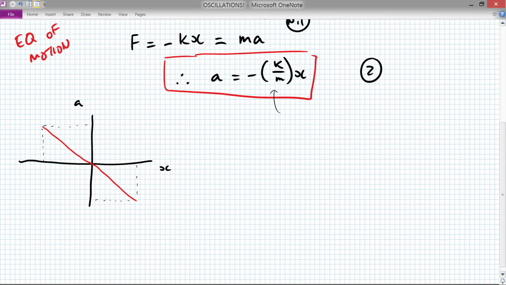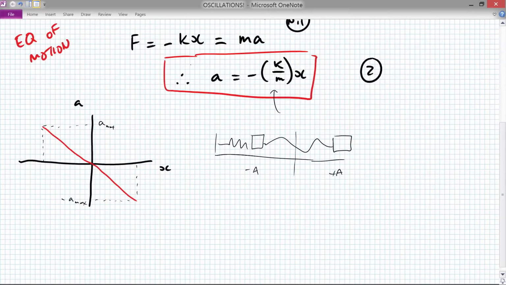Now we know that we've got some a max here and some minus a max, in the opposite direction, and these come from when our mass is here at one amplitude and another extreme point over here at its positive amplitude, and hopefully if this is SHM, our equilibrium position will be slap bang in the middle of that.